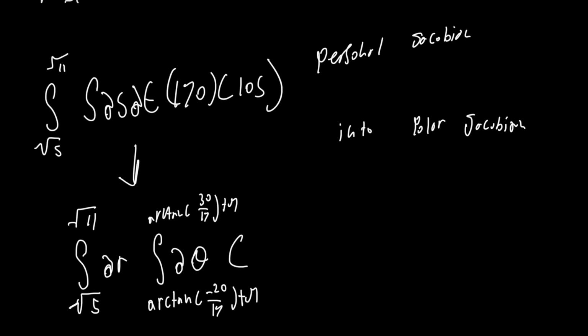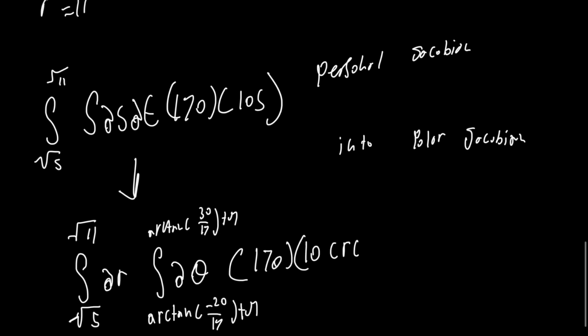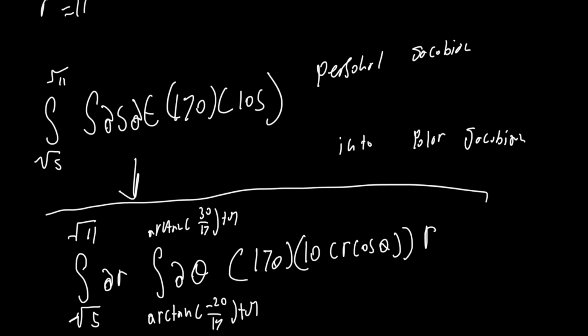Now we still have to use our 17s. That's our old Jacobian. What do we call s? s is r cosine theta. r cos theta. And our new Jacobian, which is r. This is it. This is our conversion. Hopefully that made sense. If you have any questions, please leave them in the comments below.